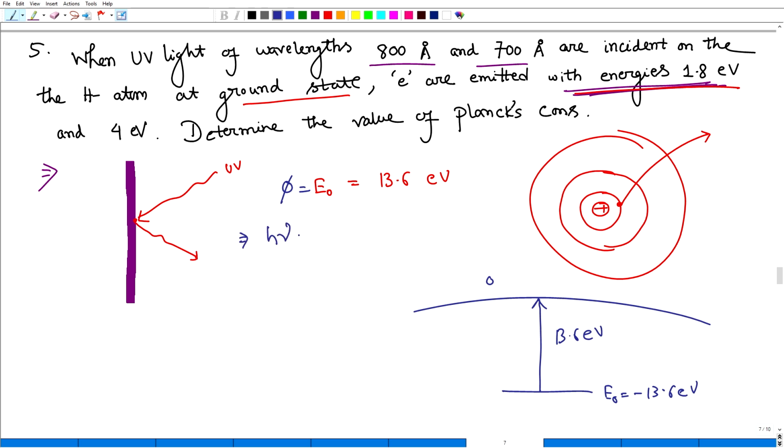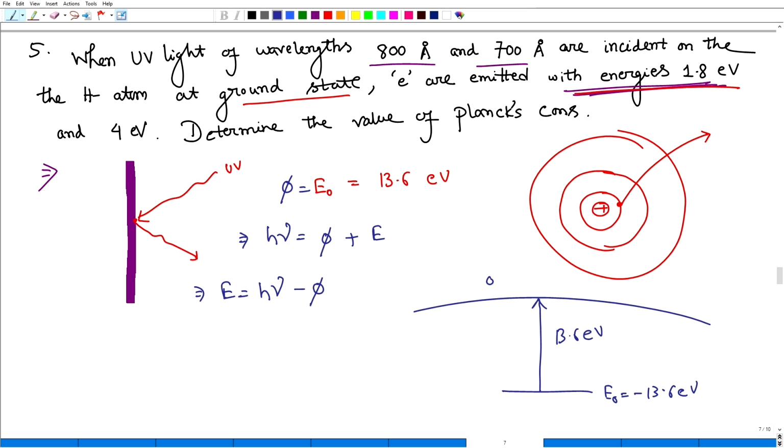Now we know that h nu should be equal to the work function phi, and then the rest of the energy will be converted into the kinetic energy, right? So we can write, for the kinetic energy E, E will be h nu minus phi. E is given actually, right? Yes, it's 1.8 electron volt.